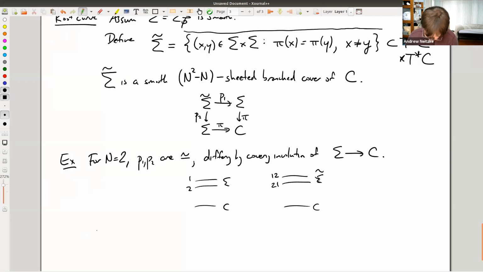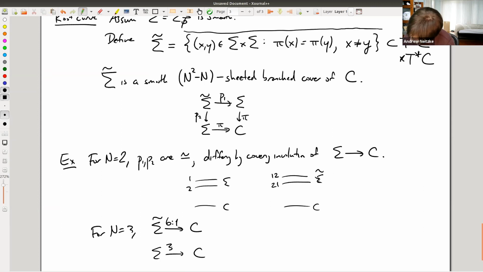But for n equals 3, of course, it's already different. Then sigma twiddle to C is a 6-to-1 covering. Well, sigma to C is a 3-to-1 covering.